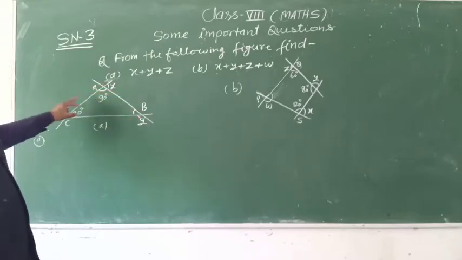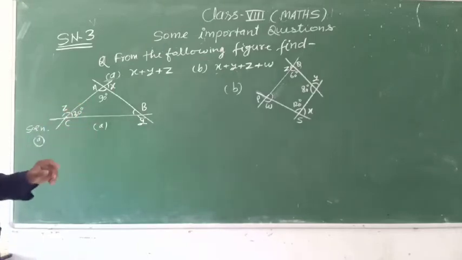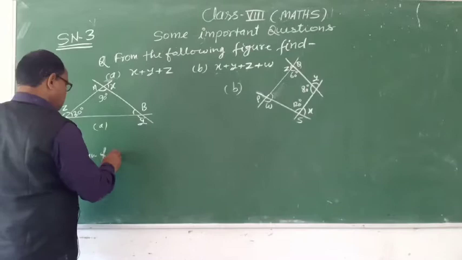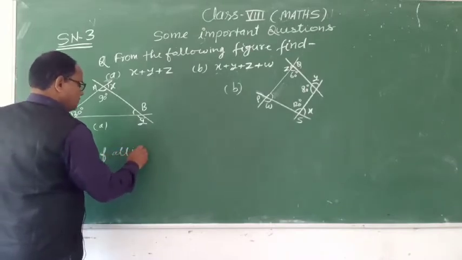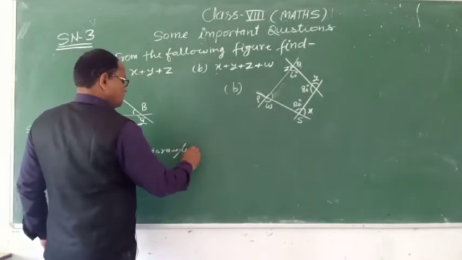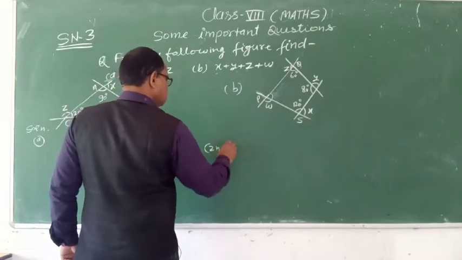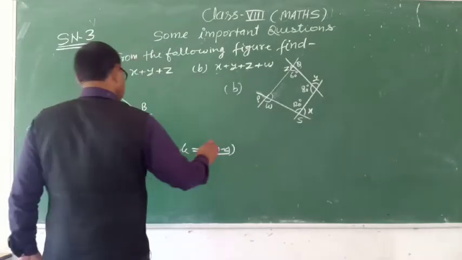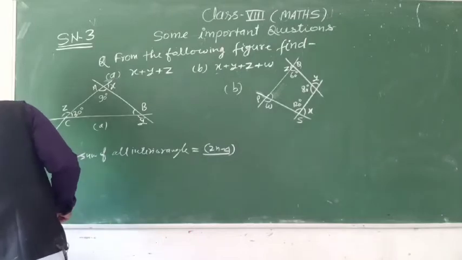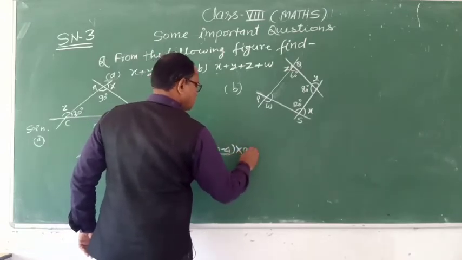all exterior angles is equal to 360 degrees, okay students, and the formula for the sum of all interior angles is equal to (2n minus 4) into 90 degrees.